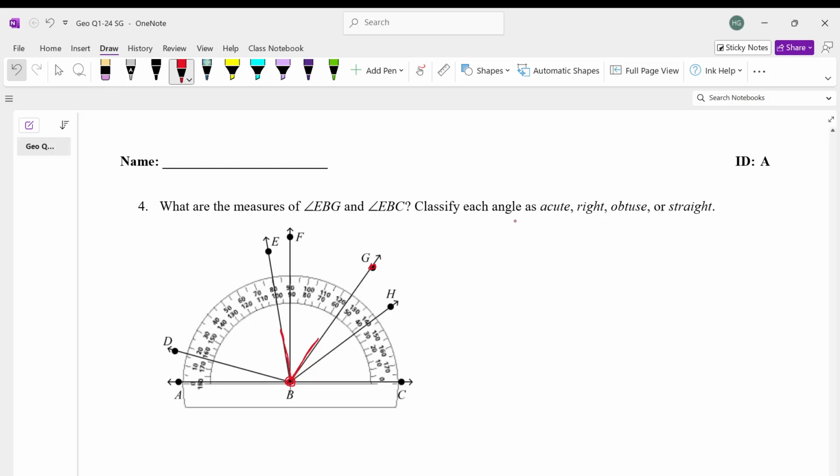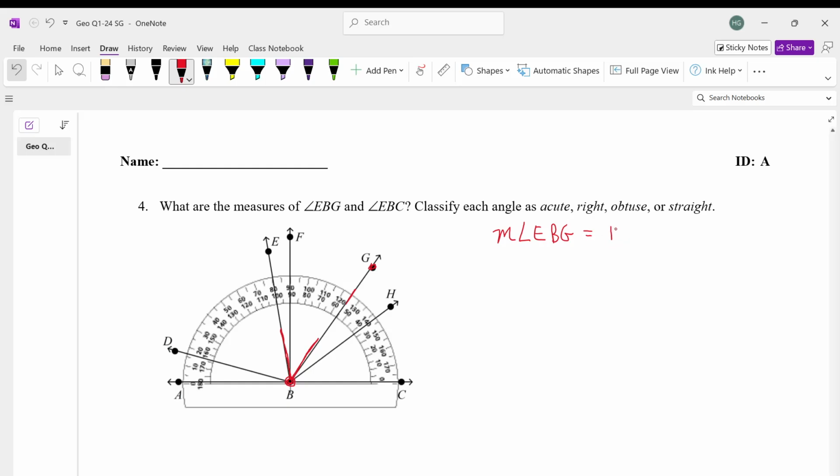All right, so the measure of angle EBG is equal to, I'm looking over this protractor, okay? And I'm going to pick this outside set of numbers. And where BG hits the protractor is at 125.